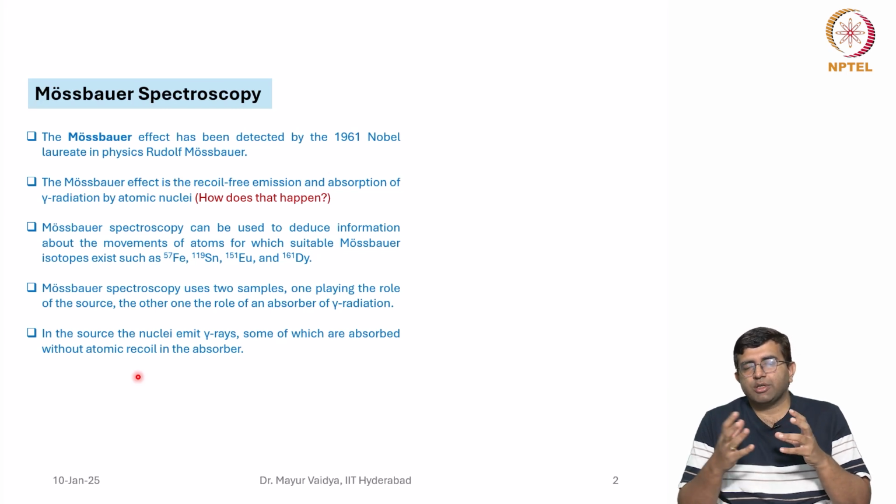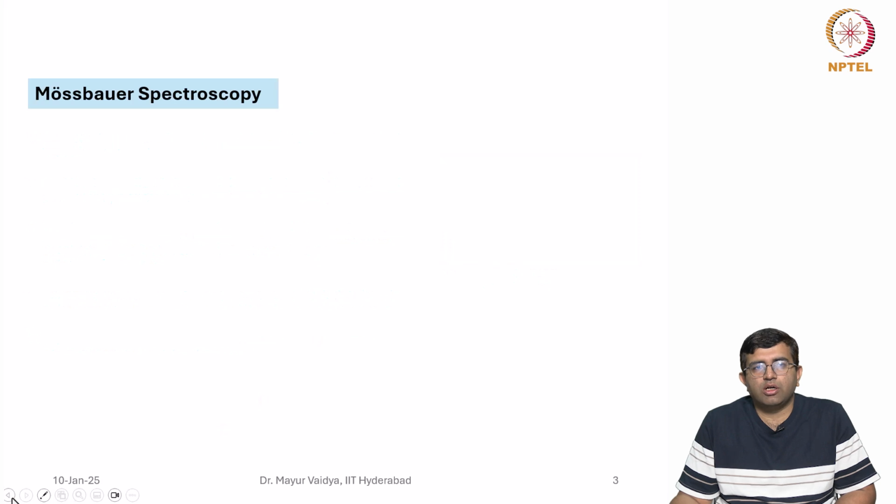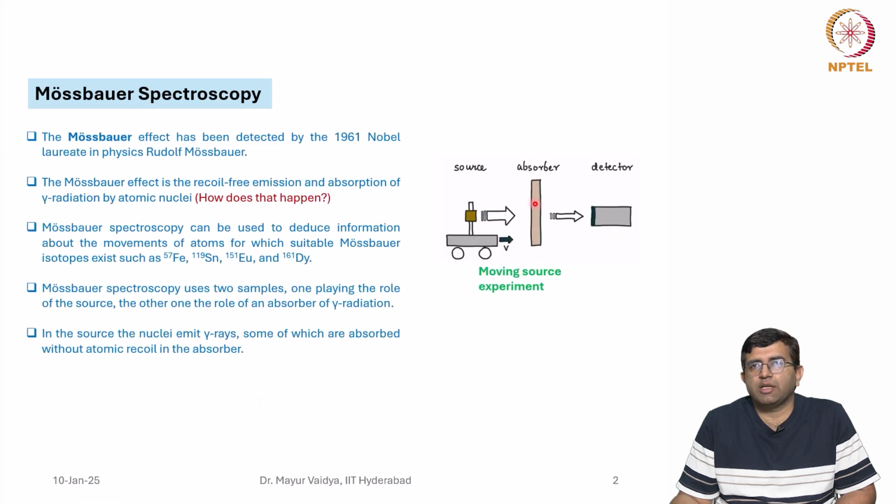So, that is what constitutes the Mössbauer effect. So, this is the source, where it is typically a moving source experiment, and then you have an absorber, then you have a detector in place. I will explain a little bit more about this in the coming slide.